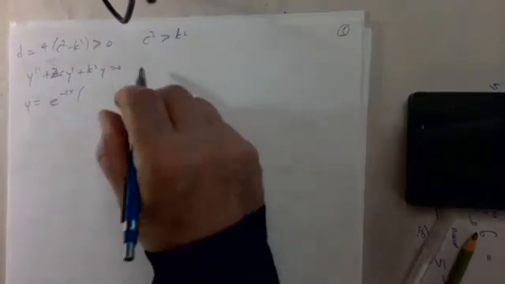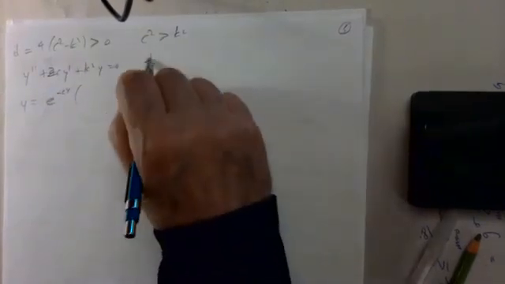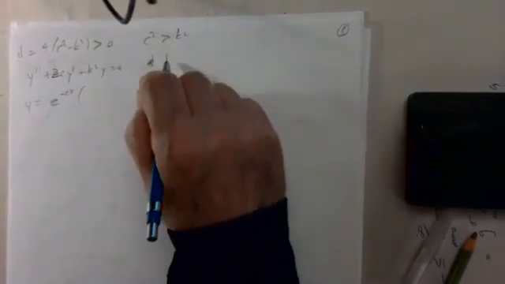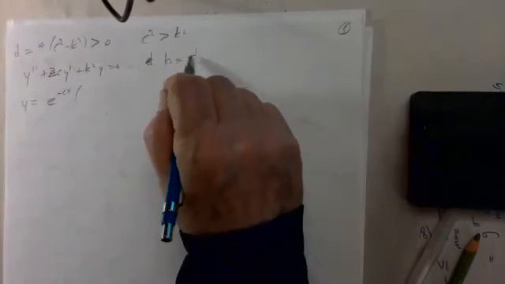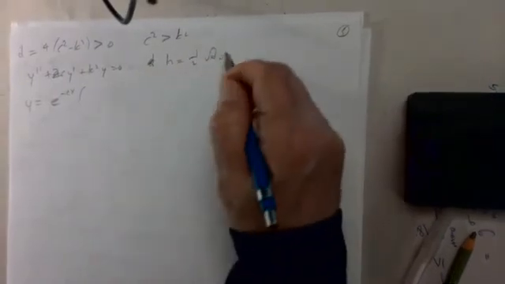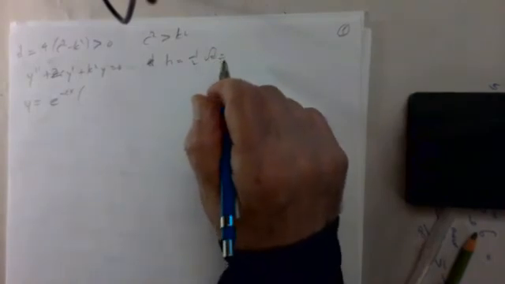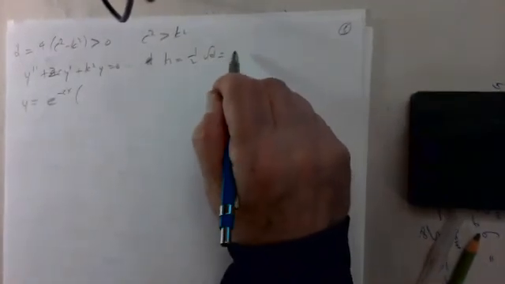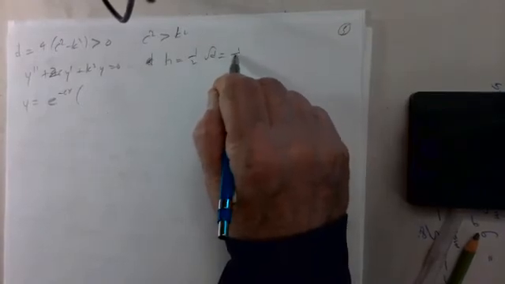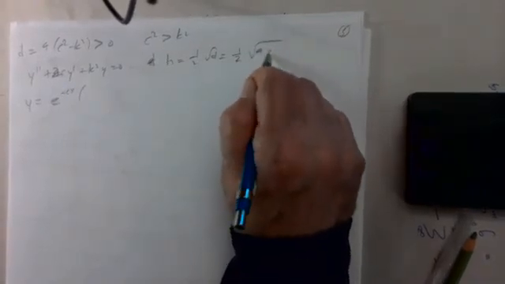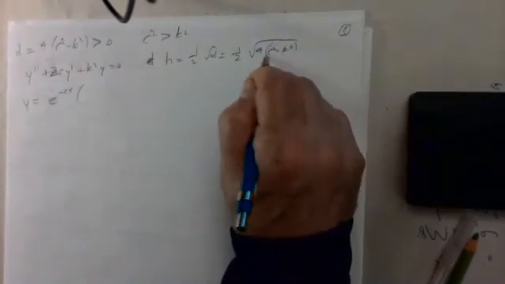And let's see, so the d is 4c squared minus k squared. So let's call it h, is 1/2 the square root of d, which is 1/2 square root of 4c squared minus k squared.